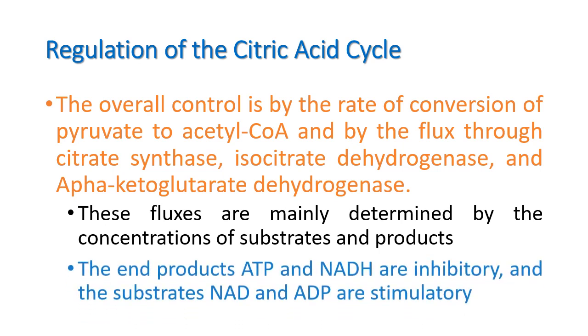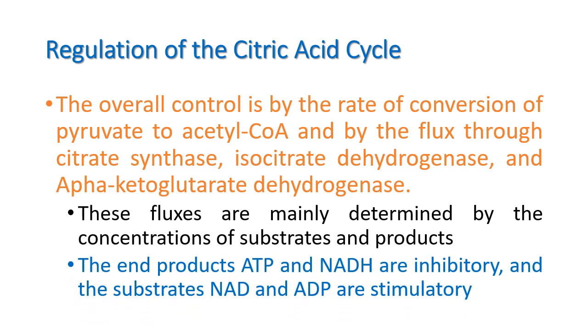So either substrate is there or product is there, that will determine the fluxes. The end products like ATP and NADH are inhibitory. If they are present, they will inhibit, while if the substrates NAD and ADP are there, they will stimulate the continuation of the cycle.